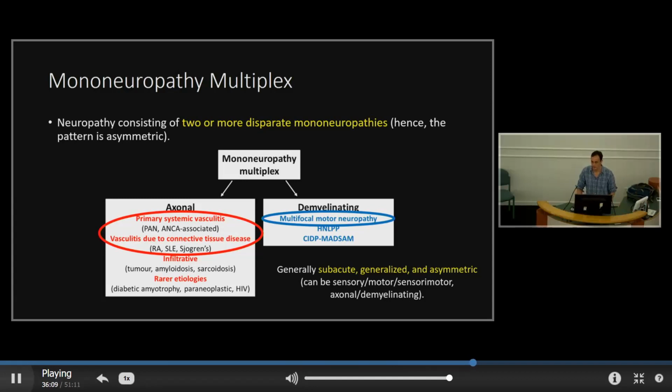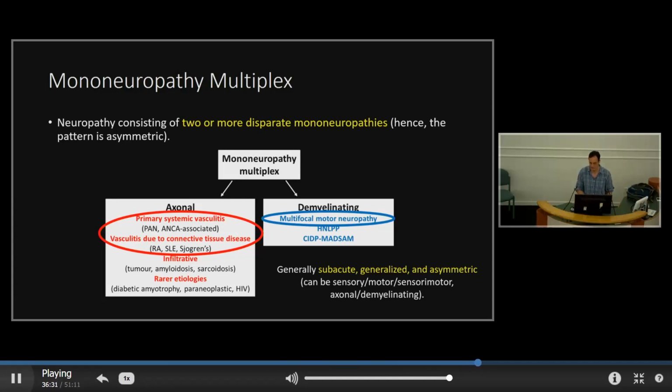Rarely a mononeuropathy multiplex will be demyelinating. One great mimic of motor neuron disease is called multifocal motor neuropathy plus or minus conduction block. So we'll talk about that one briefly. The one circled I'll dedicate a slide to. There's a couple of others there. So HNPP, which is hereditary neuropathy with liability to pressure palsies.